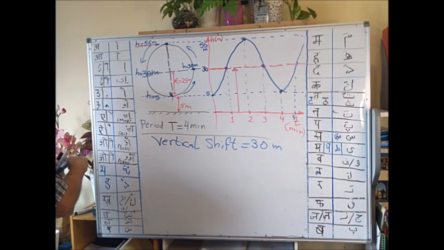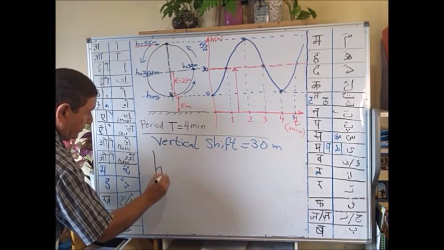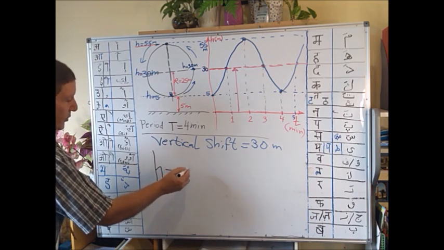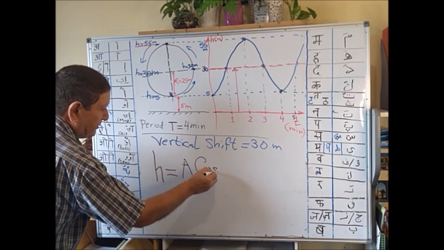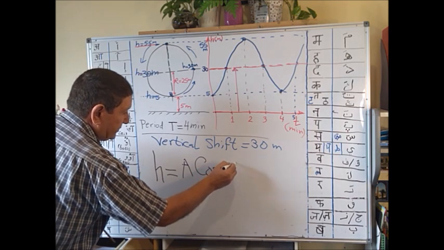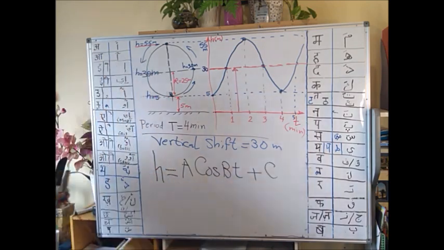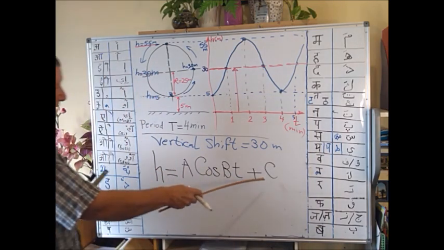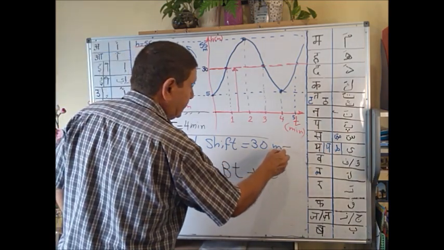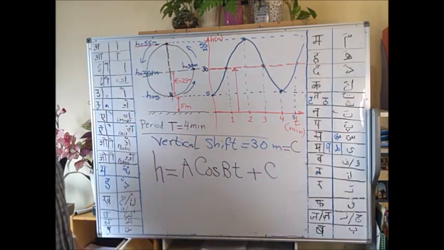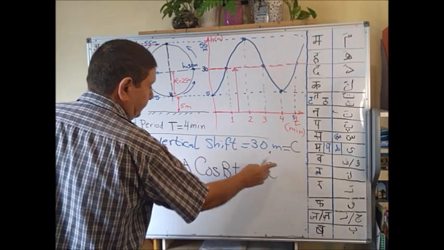The equation will be something like this: h equals a number A, cosine of B t, plus, call it C now. C is the vertical shift, so C is 30. Understood? Okay, so we replace C with 30.